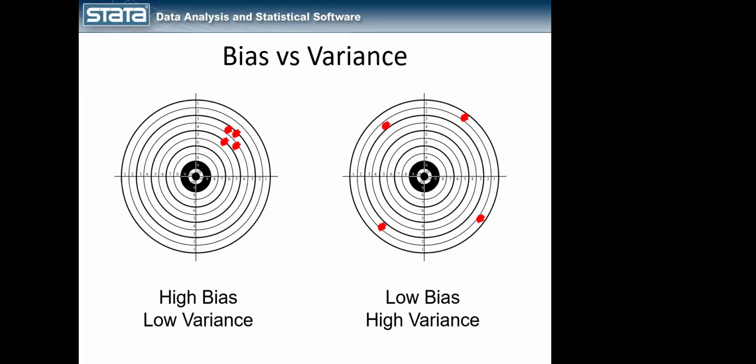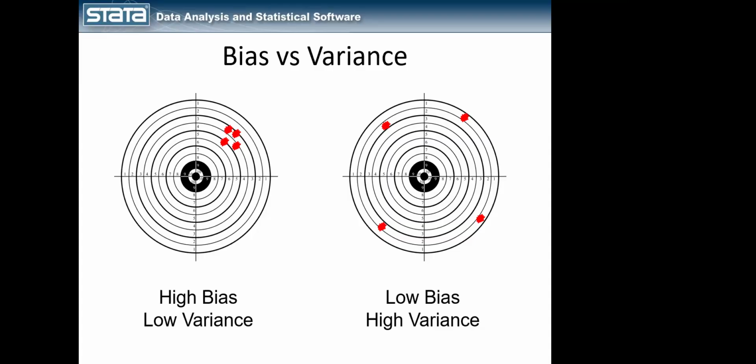Sometimes that's desirable because sometimes we can actually calculate the bias and simply remove it. Now on the right, we have a person shooting a bow and arrow with relatively low bias. On average, the midpoint of those circles is the center of the target, but it's very high variance. They're all off by quite a bit. So that would be a low bias, high variance estimator.